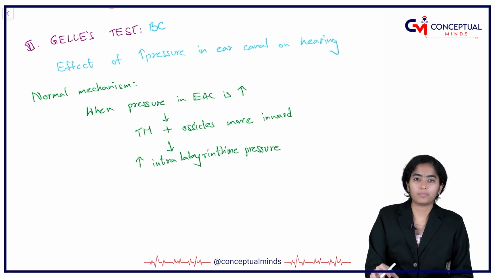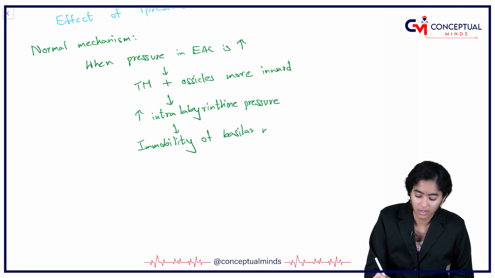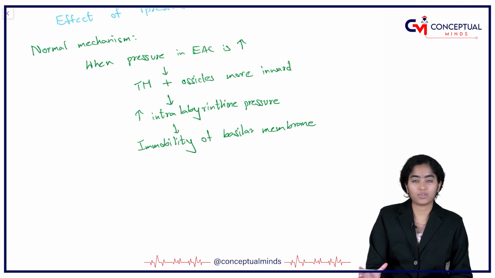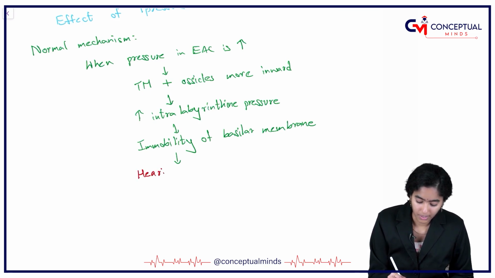And when the intralabyrinthine pressure increases, there is immobility of the basilar membrane. What is basilar membrane? Where the organ of Corti is situated. The main sensory receptor for hearing is situated on the basilar membrane, and when the basilar membrane becomes immobile, then the final result of this entire situation is hearing is reduced.